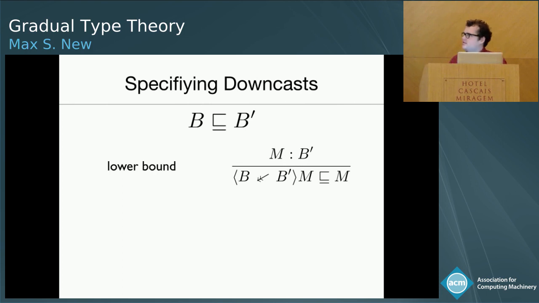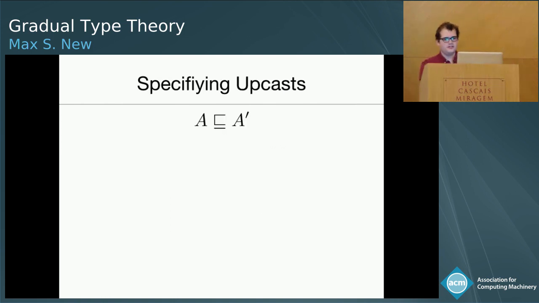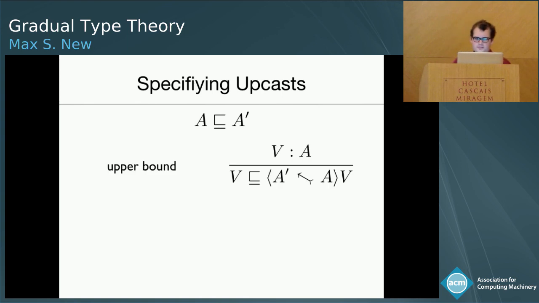But this would be satisfied even by saying that all casts should error all the time. So we want to make sure it's not too small in the ordering. The way we do that is to say that it's the greatest term with this property. So we can define the downcast as forming a greatest lower bound on the original term. And then we can do an exactly dual construction for the upcasts.